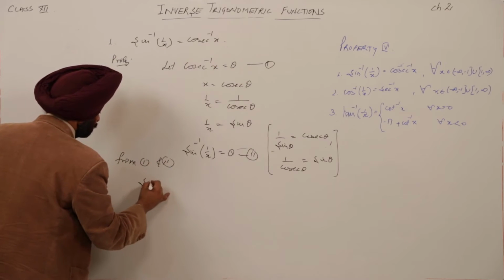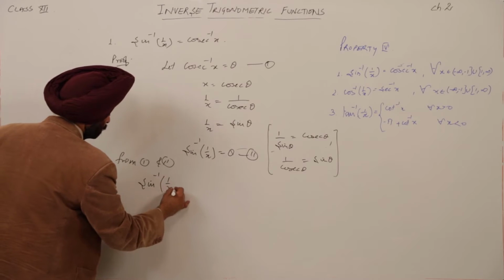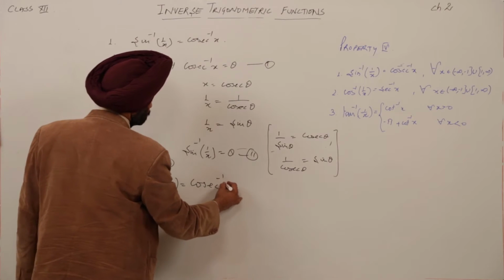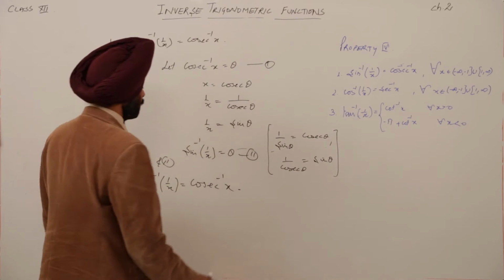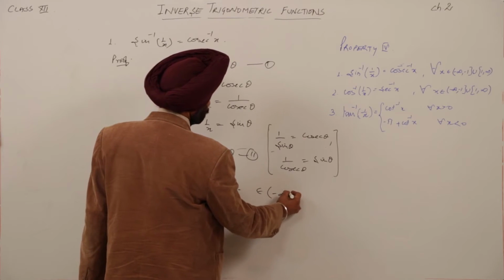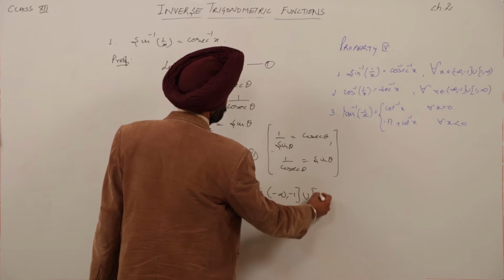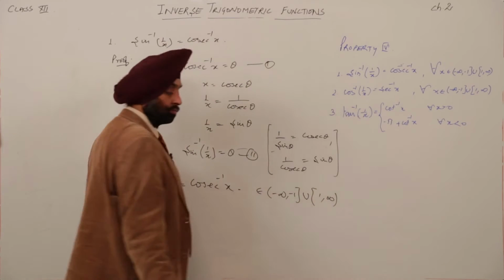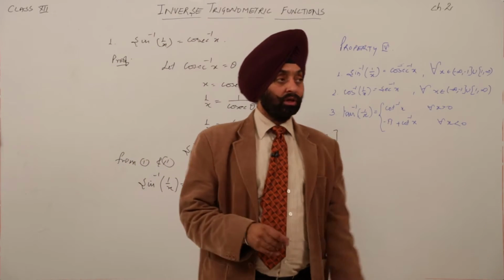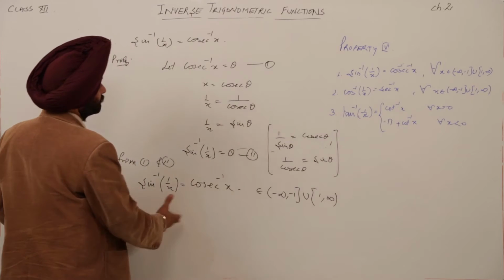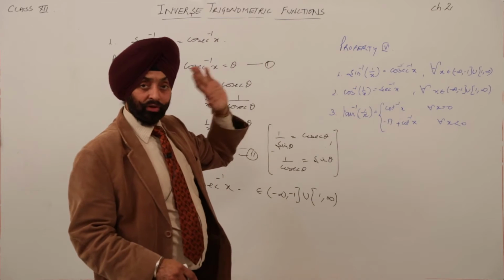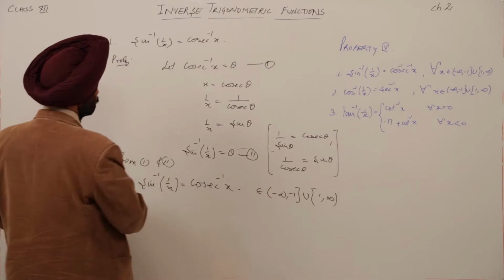So, we can write sin inverse 1 upon x is equal to cosecant inverse x, for all values of x from minus infinity to minus 1 and from 1 to infinity, with minus 1 and 1 in closed brackets, and infinity in round brackets. So, this is the result. This we have proved. Now, we have proved the first one. The second one is also quite simple. You can prove it. Now, let us move to the third one.